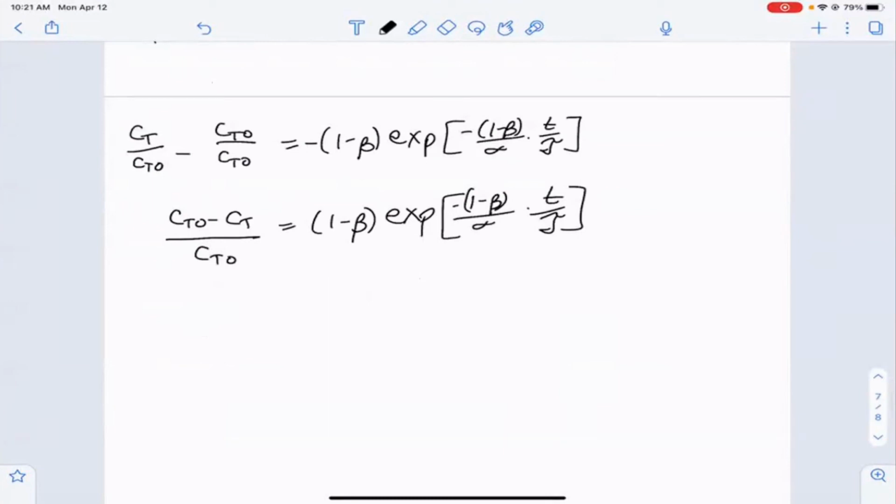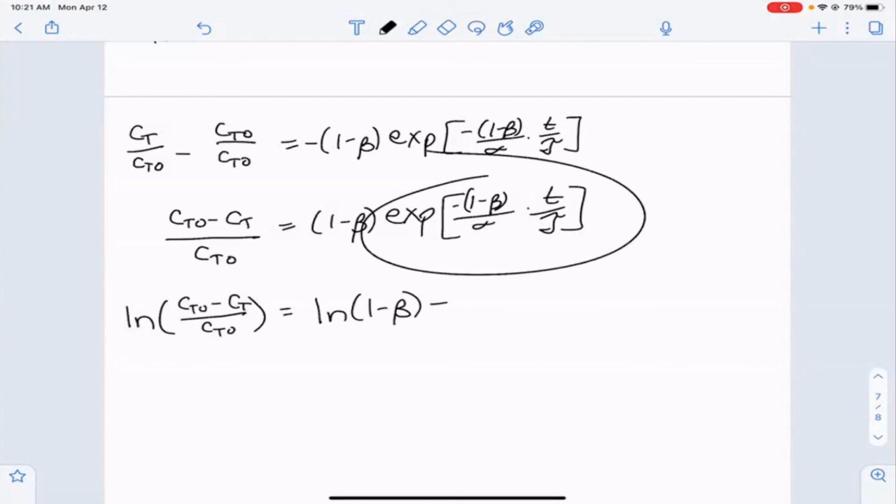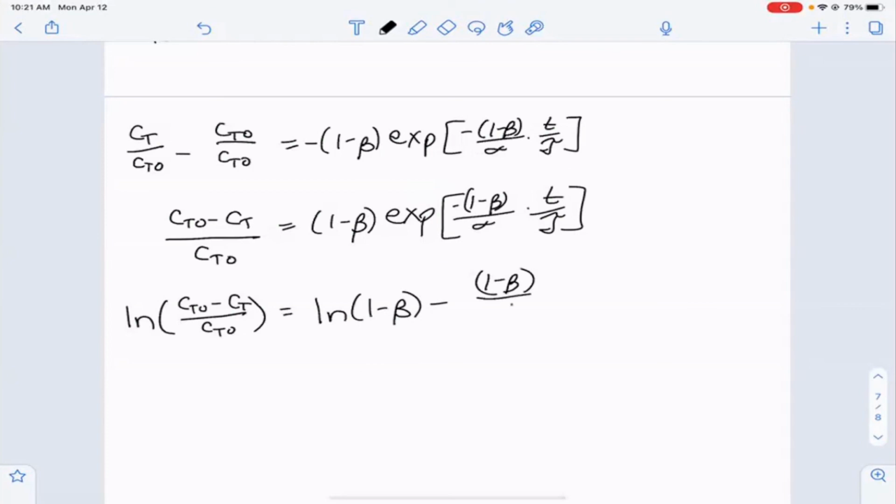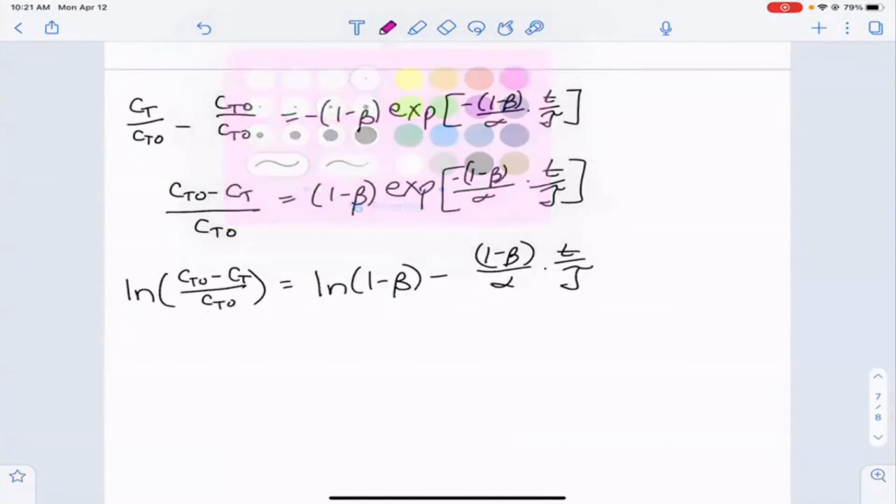So I'm going to take the natural log of both sides. And so this becomes the natural log of CT0 minus CT over CT0 equals the natural log of 1 minus beta. Then the log of the right-hand side of this just becomes minus 1 minus beta over alpha times T over tau. And the nice thing that we've done here is that we've separated a term that only has beta and a term that has both alpha and beta.